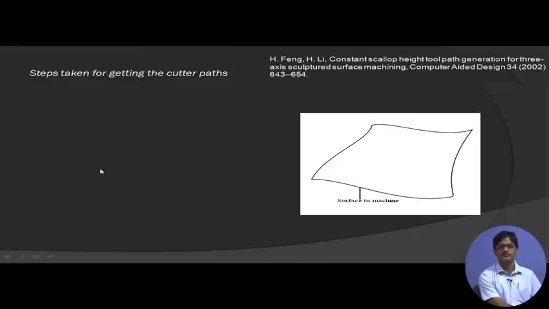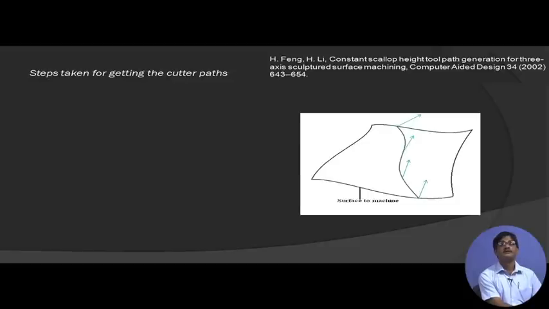This is the free form surface, and say this is a cutter path. This has been taken from a paper by Feng and Lee, which came out in 2002. So, this cutter path, to start with, we mark at particular points which are forward step adjusted.